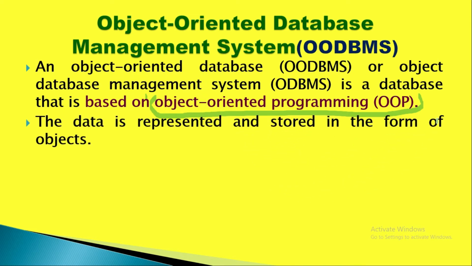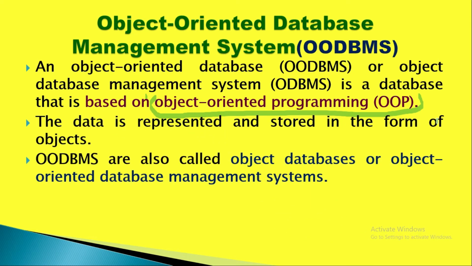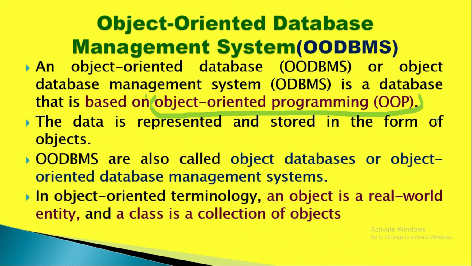Now the data is represented and stored in the form of objects. That is quite clear because we are saying object oriented database means सब कुछ जहाँ पर objects के through represent हो रहा है. Data is represented totally through the objects and stored in the form of objects here. So the multiple names are object databases or object oriented database management systems.